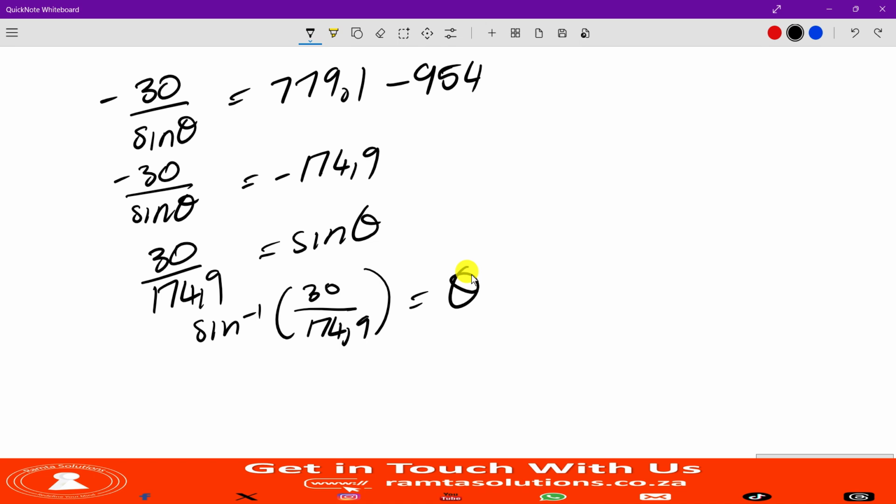Therefore, theta is 9.88 degrees. And this is how you solve this question.